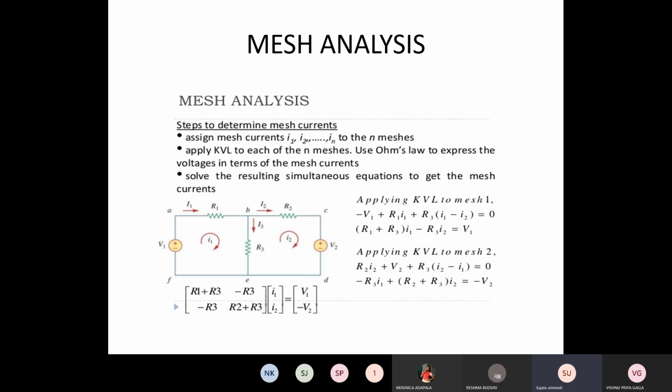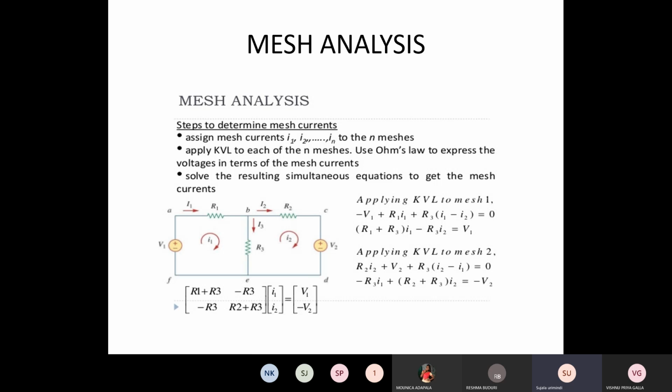Next, we assume the polarities of the resistances. How do we assume the polarities of the resistance? First, whatever the direction of the current will be, depending upon the direction of the current, only then we assume the polarities. So when you see resistor R1, it depends only on the I1 current.